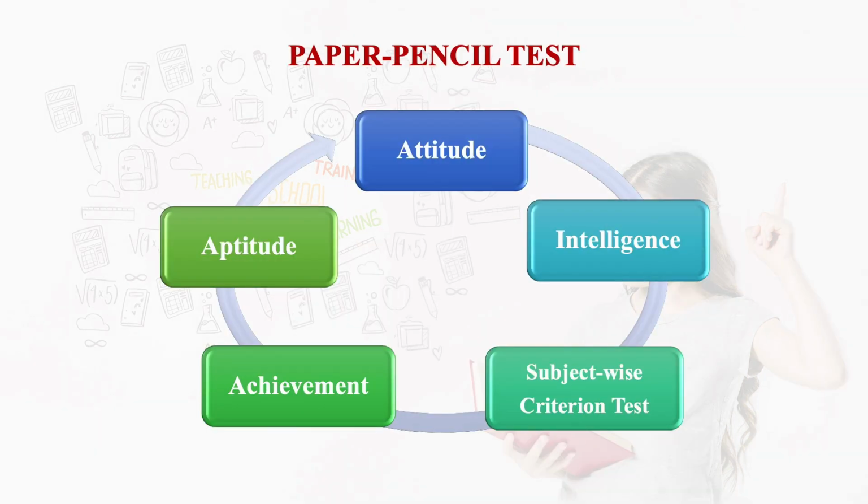Then further, so far as paper pencil test is concerned, these are the certain tests that can be done by using paper and pencil: attitude, intelligence, subject wise criterion test, then achievement and aptitude. Now try to understand the specific use of paper pencil test and oral test. Before differentiating these two, let me discuss the concept of an oral test.